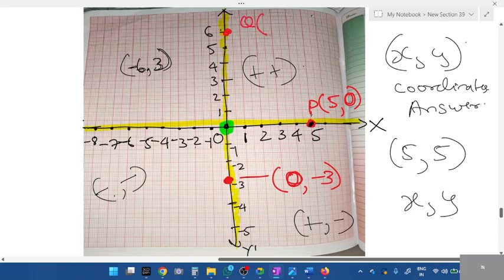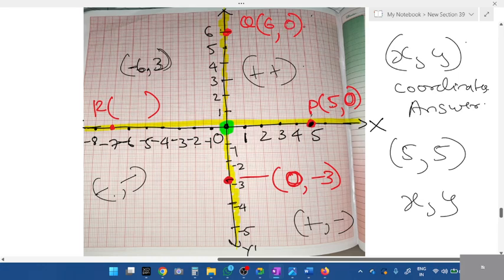Tell me this Q. There are 4 points. Answer Q, students. Q is on which axis? What's the answer? I need the answer. Not 6 and 0.